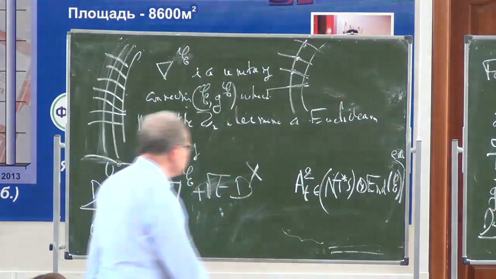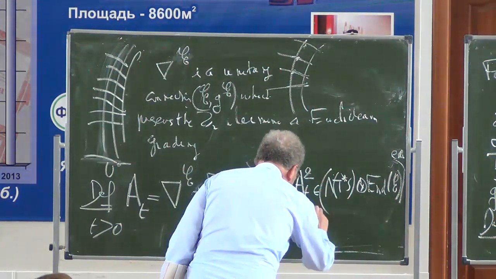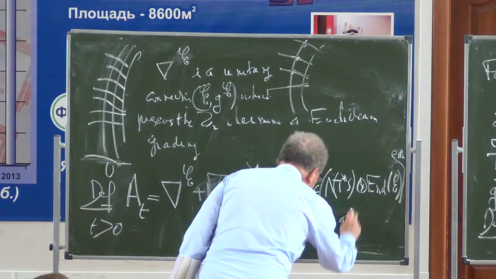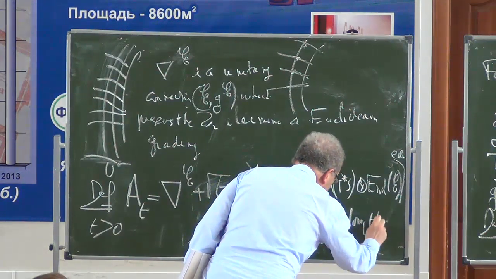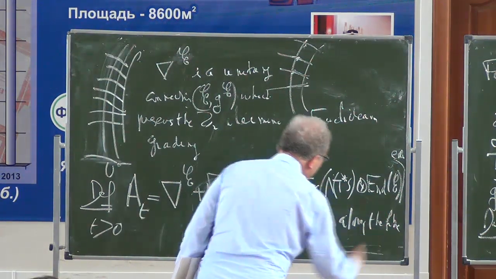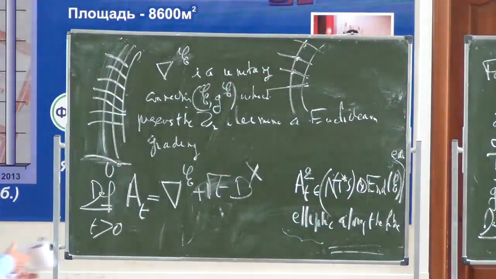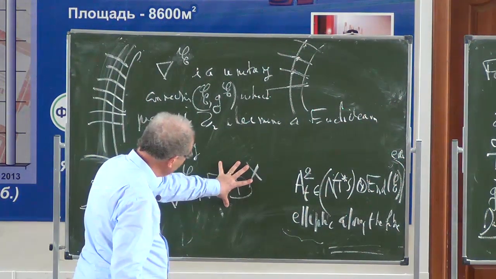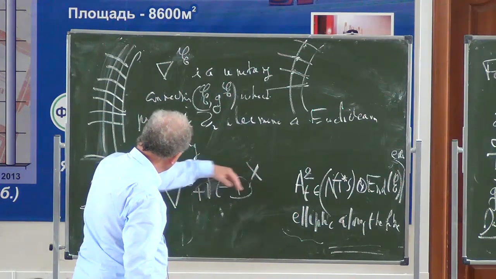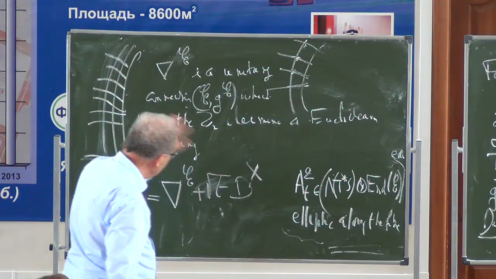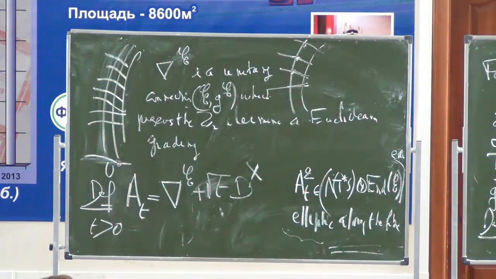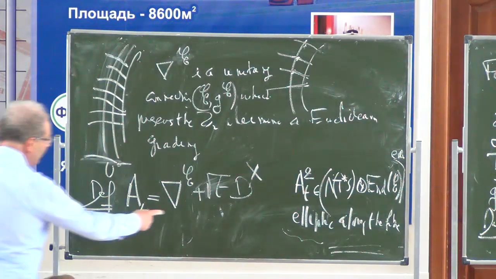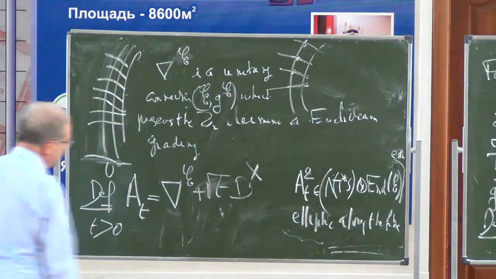And this is also elliptic along the fiber. It's exactly like before, because when you square this, you have first the square of this one, which is elliptic along the fiber, and all the other terms are nilpotent, so they don't count. They are nilpotent because they involve exterior variables on the base.